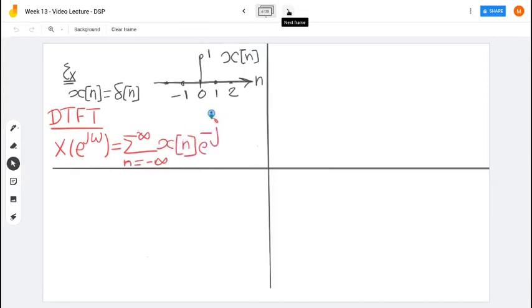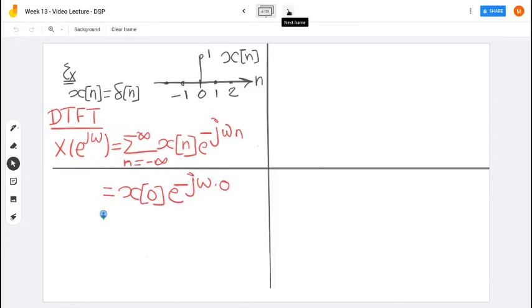And as you can see, the signal x of n we have over here has only one non-zero sample. So this entire summation will give us 0 except at n equal to 0. At n equal to 0, we will be having x of 0 times e to the minus j omega 0.